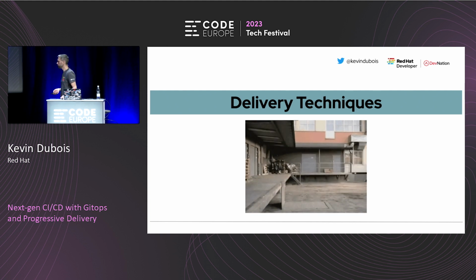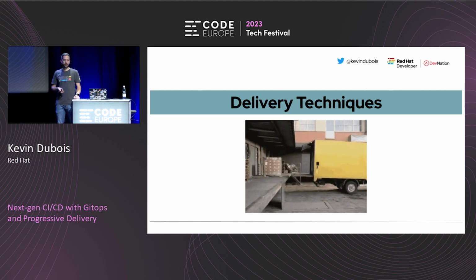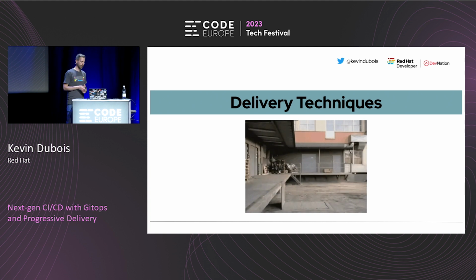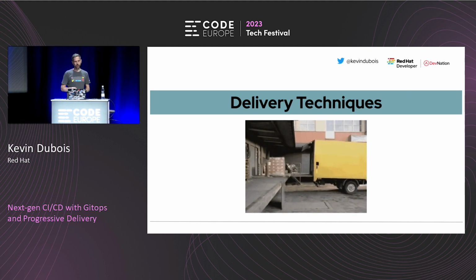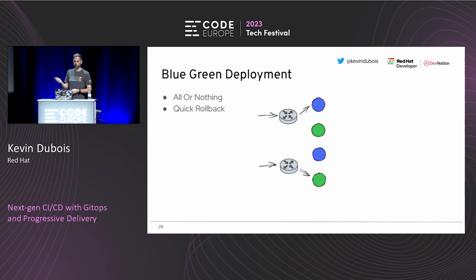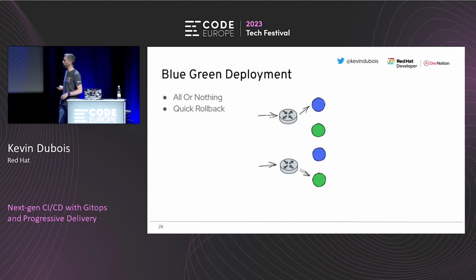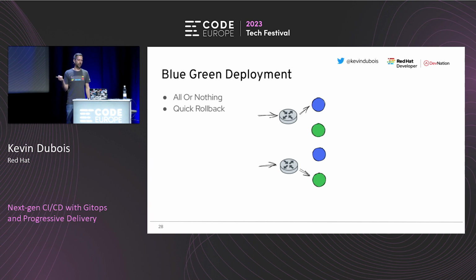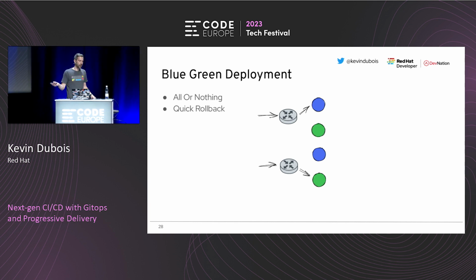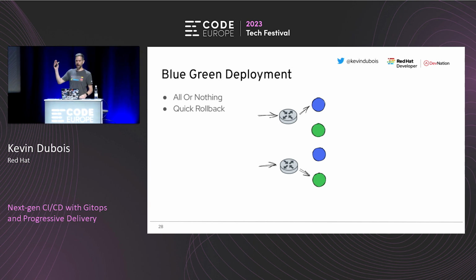So there are different ways of doing delivery, so let's walk through a few of those delivery techniques. The first one, which is pretty common, pretty well known, is the blue-green deployment, and that's basically all or nothing. You have your version 1, you're deploying a version 2, you're flipping your traffic to version 2, and then you can still roll back, which is good.